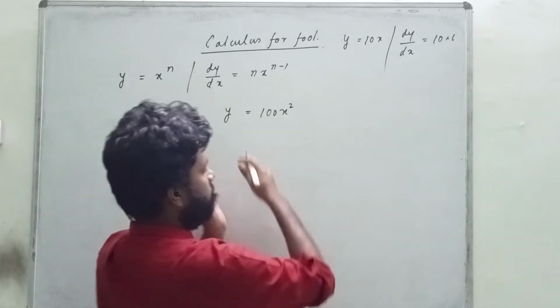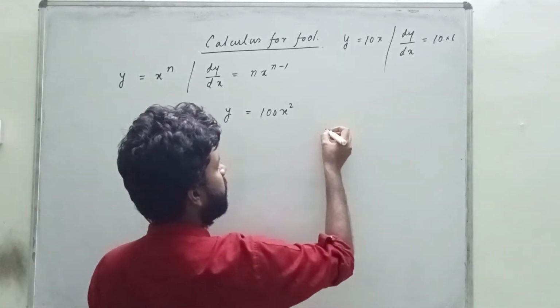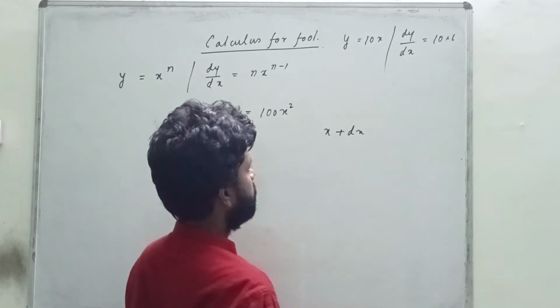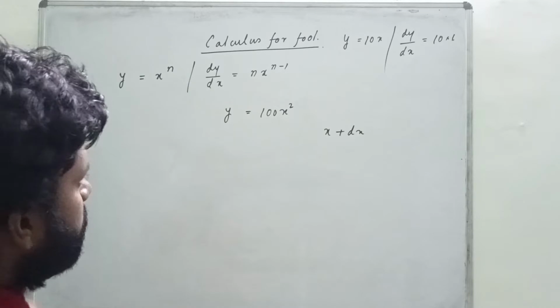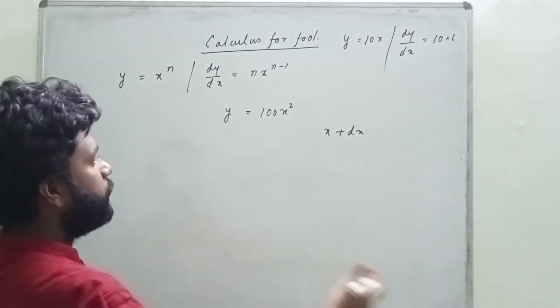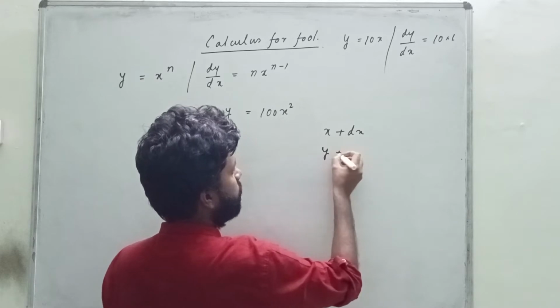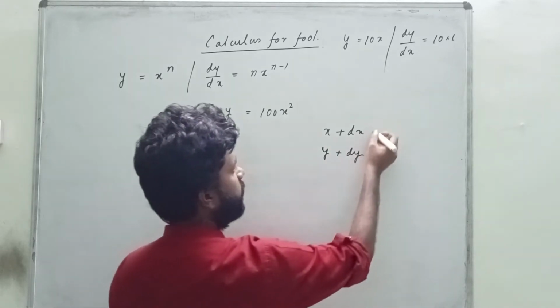Okay. So I will follow the same procedure. The new x becomes x plus dx, and by virtue of the change of x, y should change, so the new y becomes y plus dy, right? That is the new relationship.